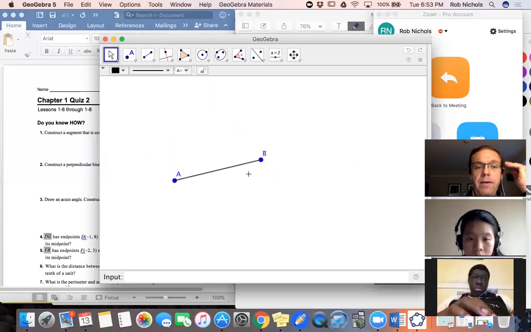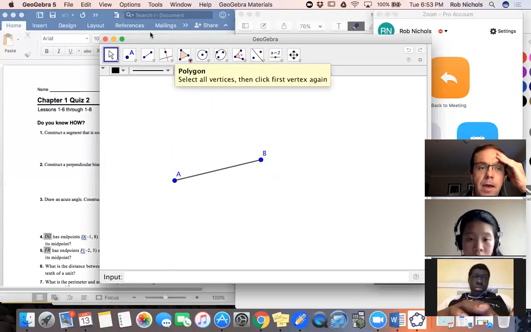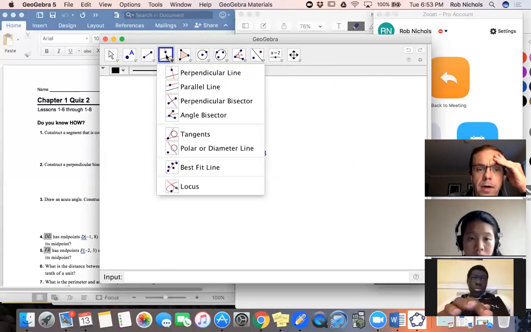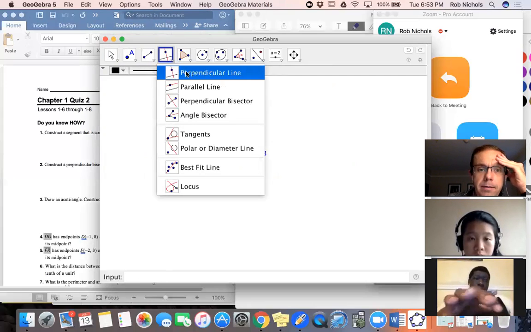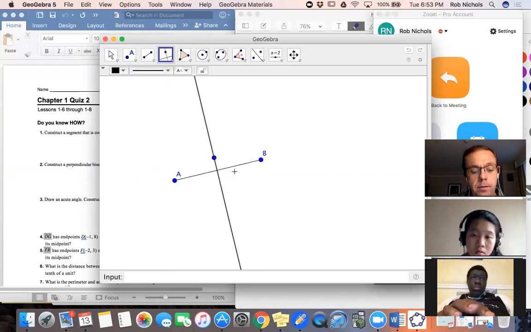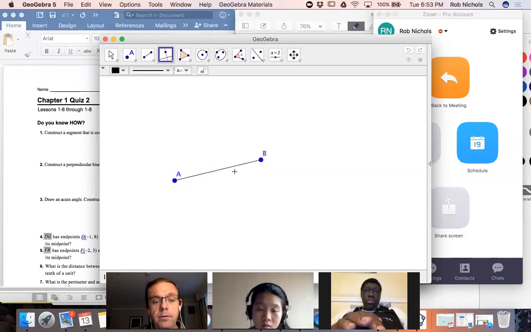So watch this. If I selected this object, I can go to here, perpendicular line. I can construct a perpendicular line here. Or, okay, so what actually do we want to do here? Control Z, undo here.